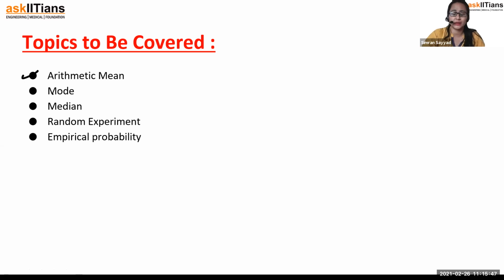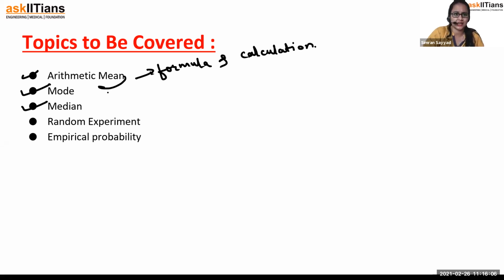You'll be getting some problems where the data will be given and you are supposed to calculate the arithmetic mean. So we are going to discuss what the formula is for that, how to calculate it, and the calculation part you will be learning. The same applies for the mode and median. These three are types: mean, median, and mode.